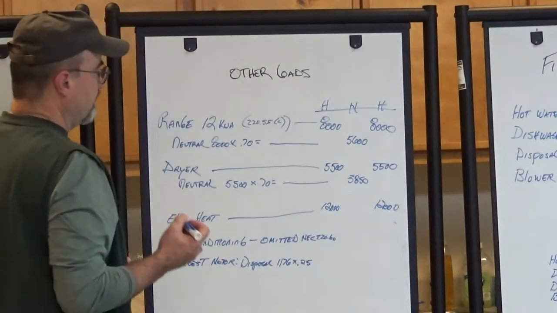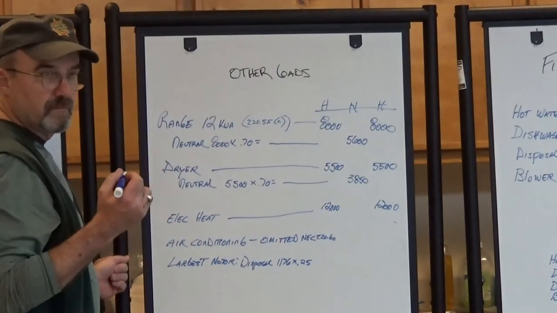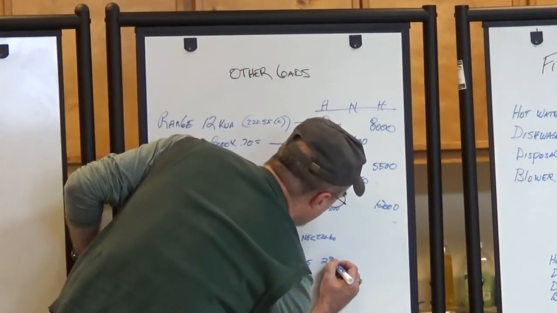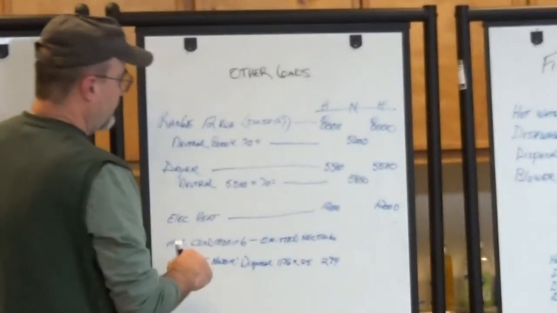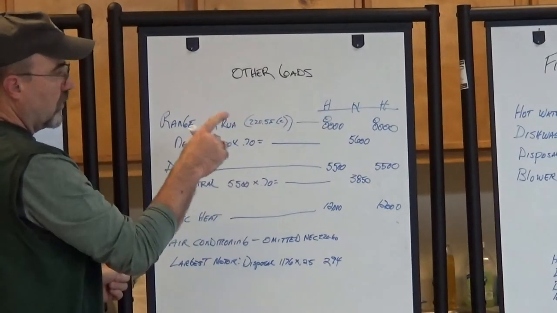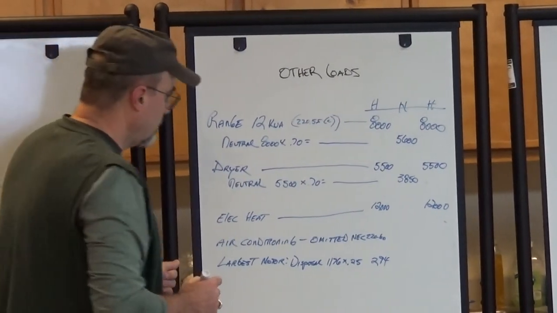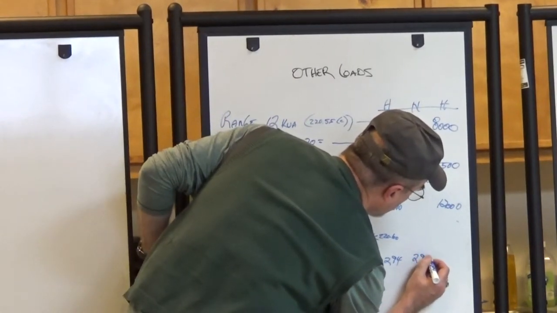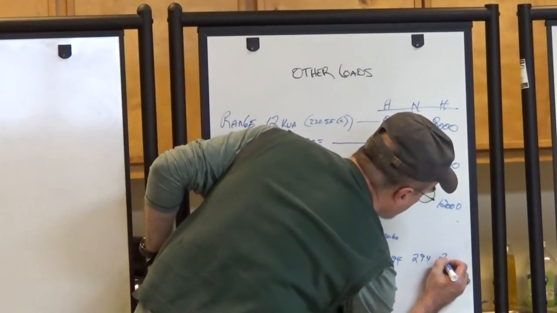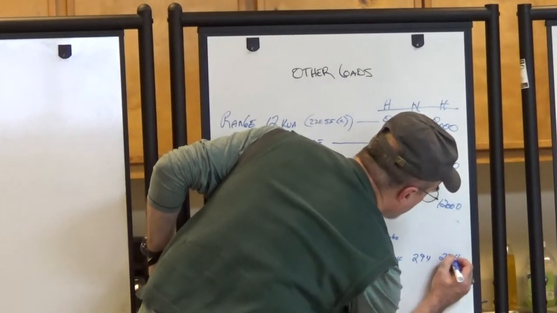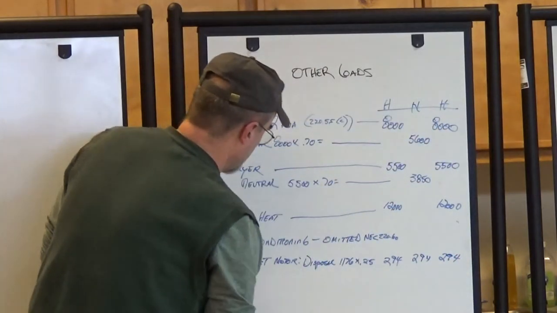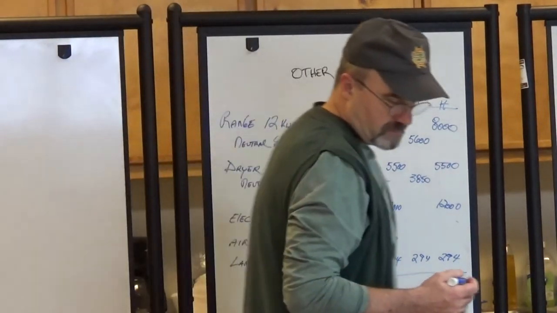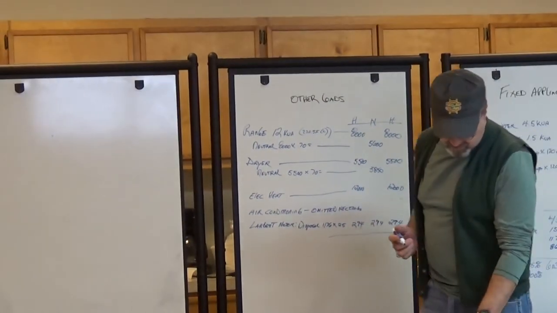And what's that going to be? 294. 294. And because that's a 120 volt motor, we're going to put that on the neutral also. Okay? Now we're ready to add. Okay?